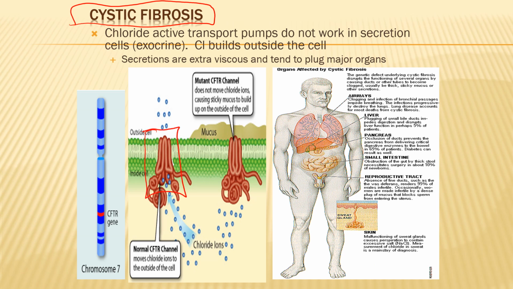Remember how we talked about there are proteins inserted in the phospholipid bilayer that control movement of things in and out of cells. And in this case, the defective membrane protein is a channel protein for chloride ions. Like if you eat salt, you have sodium and you have chloride.